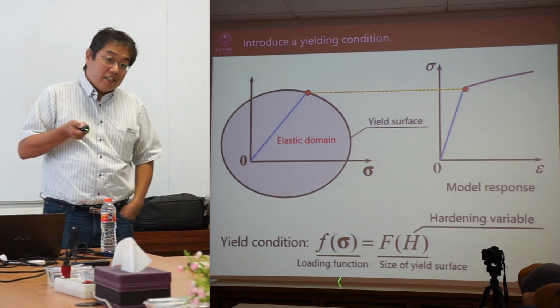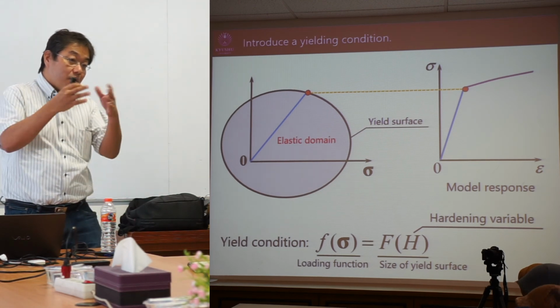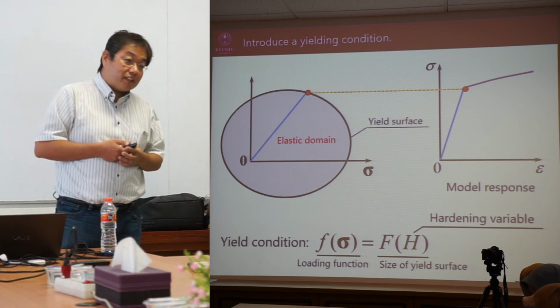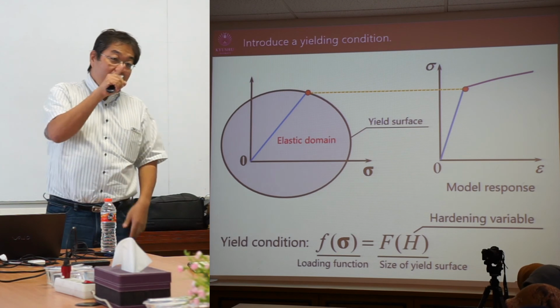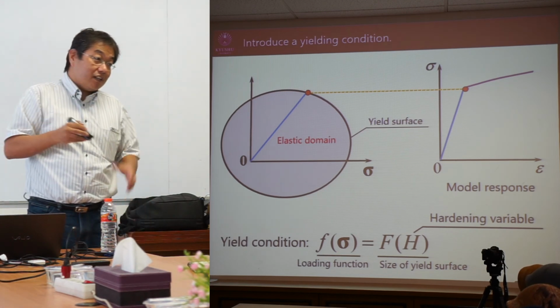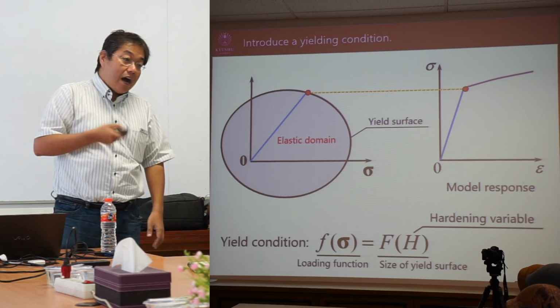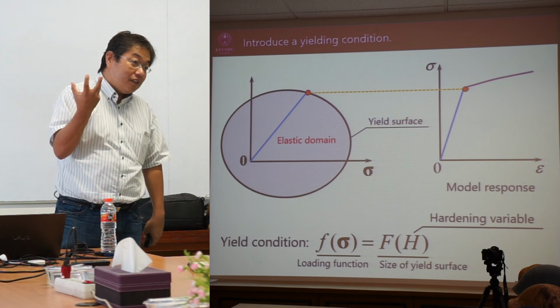This is very easy to understand because the left-hand side is the shape of the surface and the right-hand side is the size of the surface. For example, please imagine a circle. x squared plus y squared is the shape of the circle, so R squared is the size of the circle.